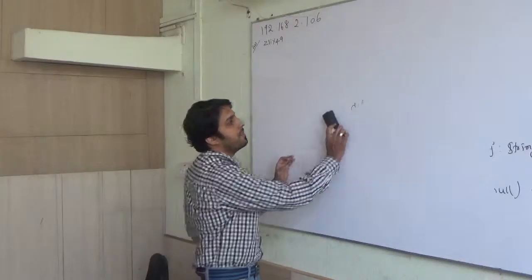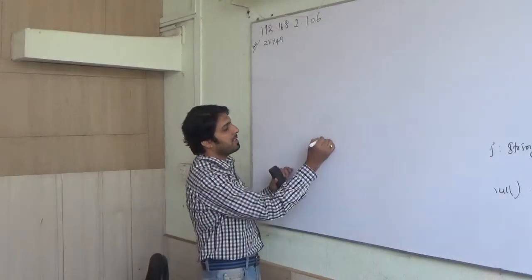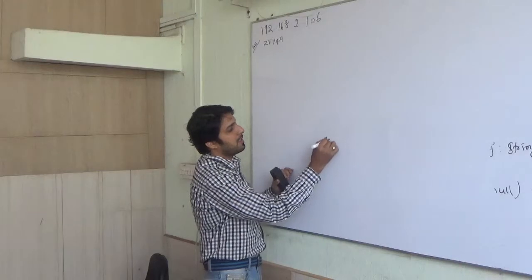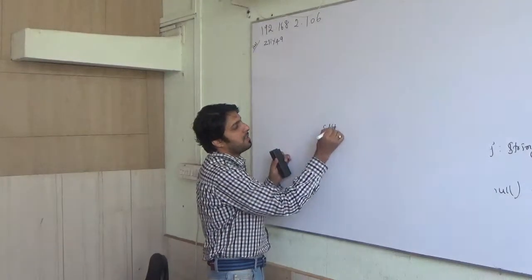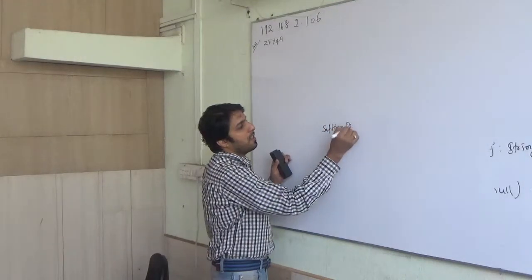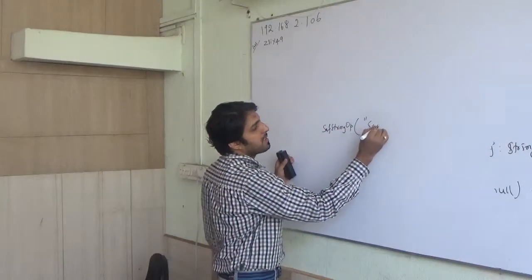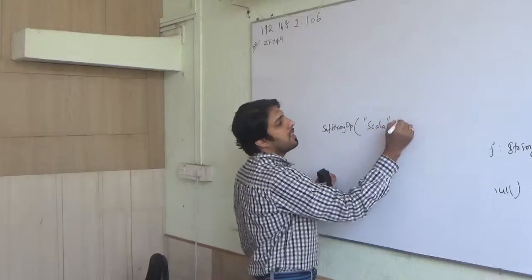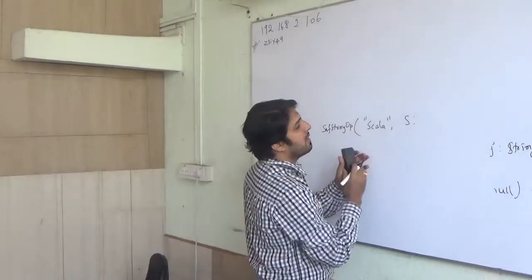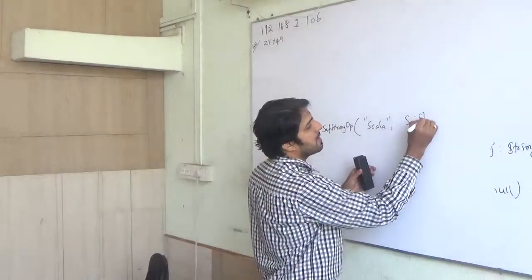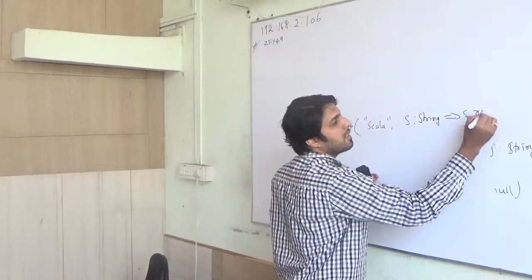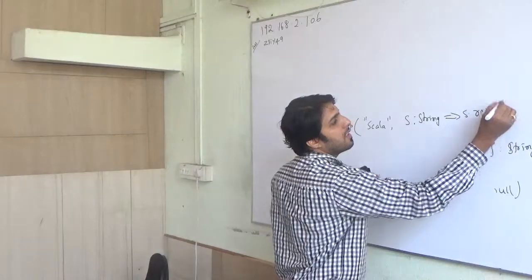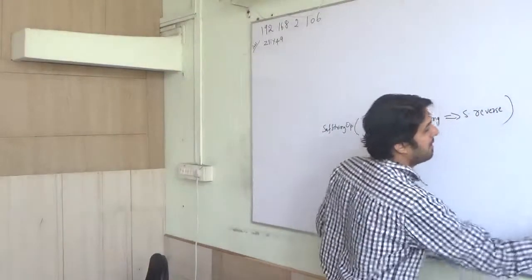Okay, what we did is saveStringOf, right? We passed Scala. Then what we did is string is equal to s dot reverse.